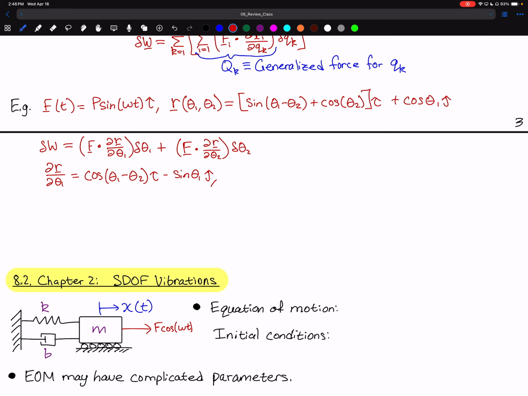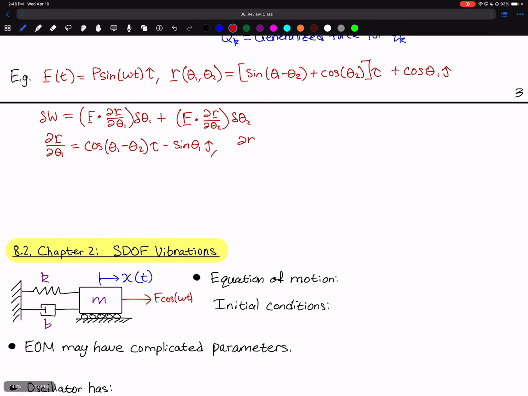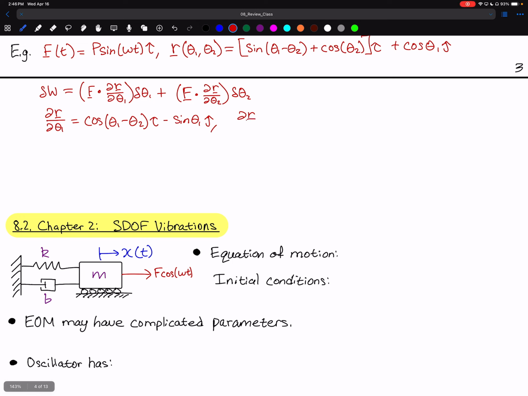And partial r over partial theta 2 will be equal to minus cosine of theta 1 minus theta 2, minus sine theta 2, times i hat, and then plus 0 in the j hat direction.